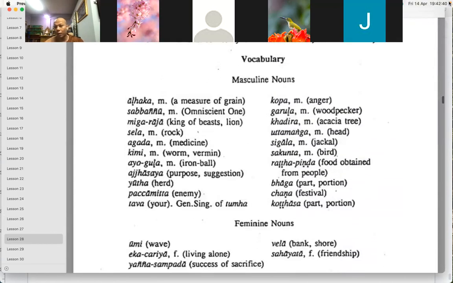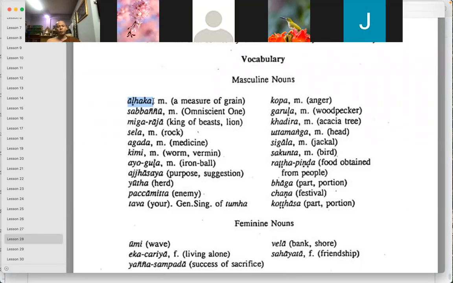So now, vocabulary. The first one is masculine nouns. So masculine nouns here, alaka. Alaka is an Asian term, maybe now a measurement system, to measure grain, rice grain, like rice or bean or maybe some sort of seeds.